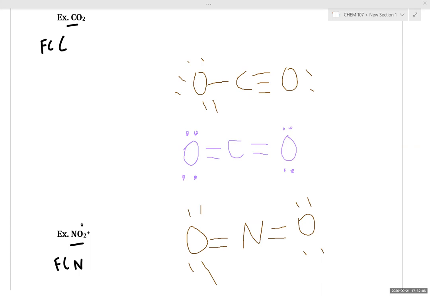So let's try to get a few more responses in this class discussion. Let's try to add some formal charges to each of our structures, and then we'll discuss this pair of examples in about another 2.5 to 3 minutes.